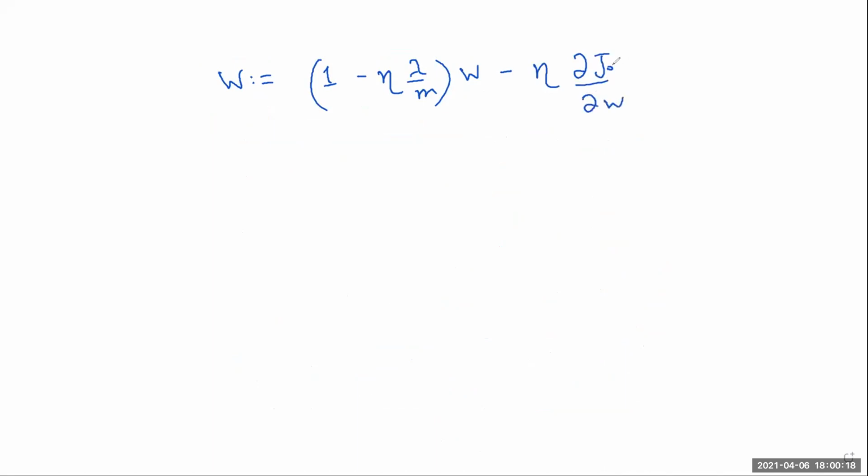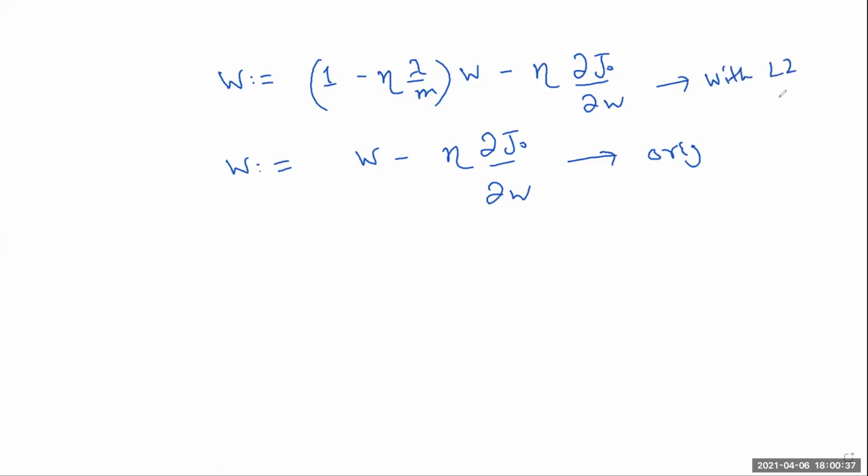Okay, so now you see, previously, if I write the original equation, it was something like w minus, so that we can compare. Okay, so this is original and this is with L2 regularization. Now let's see what is happening here.